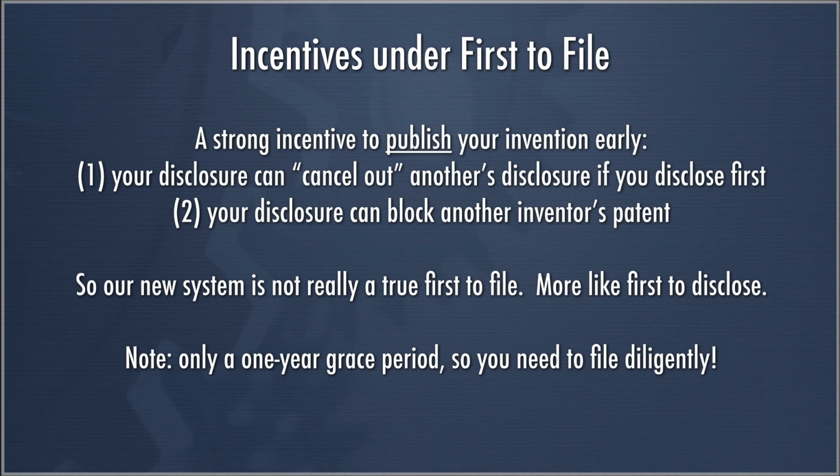So you get an advantage, in essence, from your own publications, which means you have a strong incentive to publish early and then follow up, obviously, with a patent application.